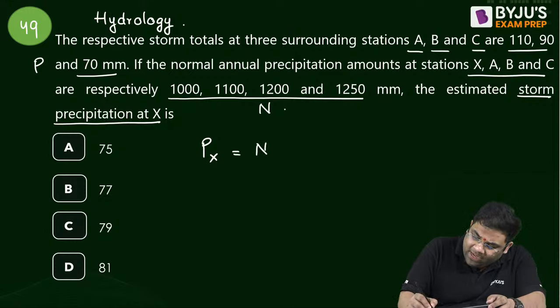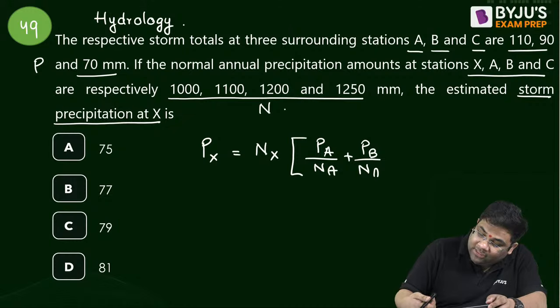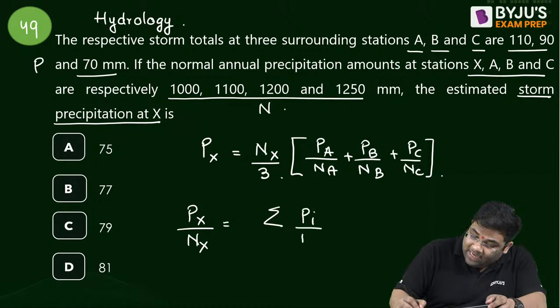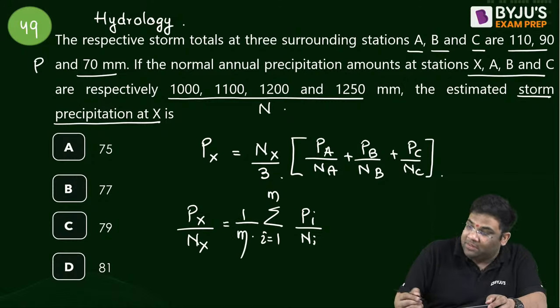P of X is equal to N of X into the summation of P by N ratio of the other known stations, divided by the number of known stations, 3. The general formula is Px by Nx equals the summation of Pi by Ni, where i varies from 1 to the number of known stations, suppose 3, and divided by 1 by N. This is the formula.